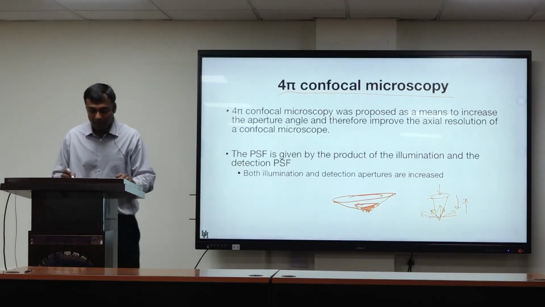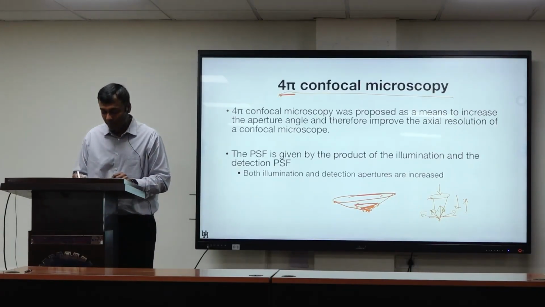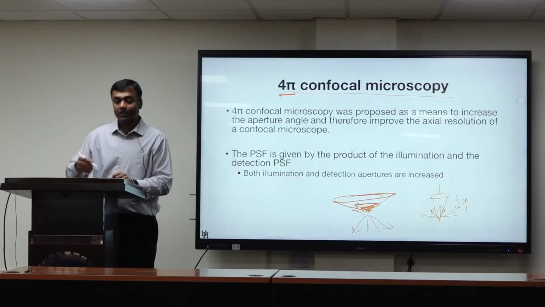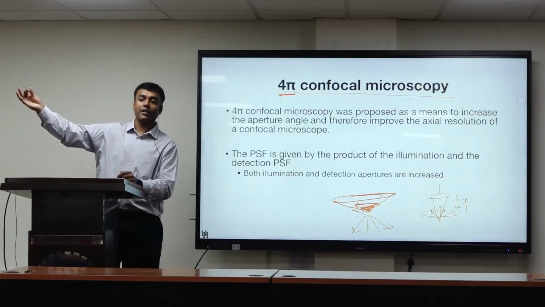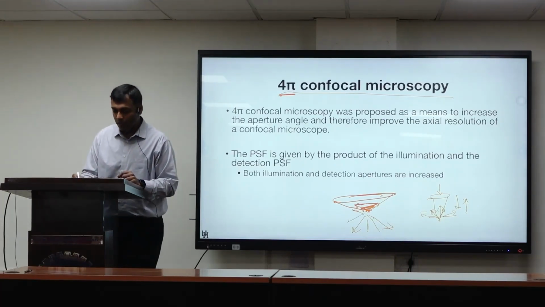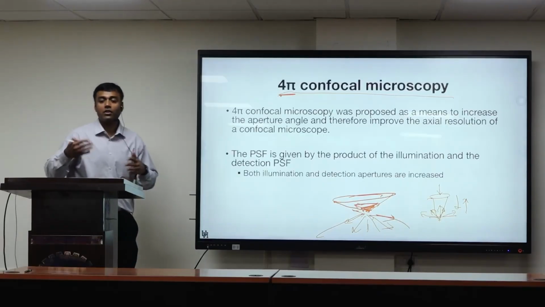So 4-pi takes the step even one further. Not only do you collect light that comes backward, you collect light that goes forward and back. So you collect both, right? 4-pi is the solid angle.